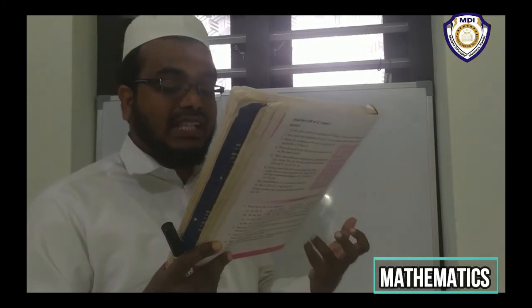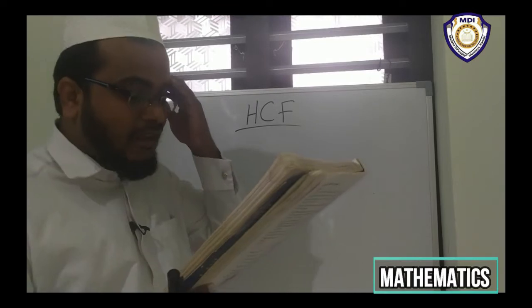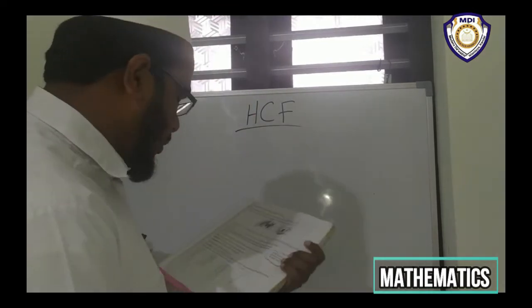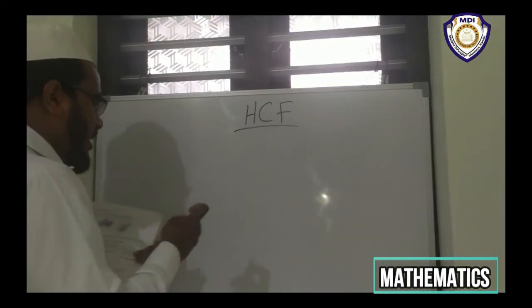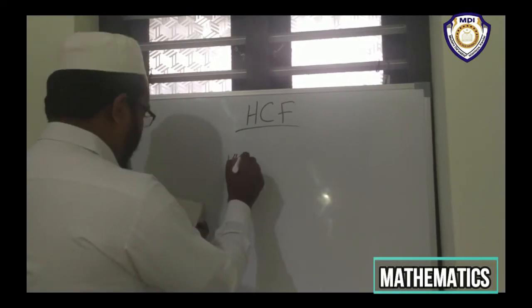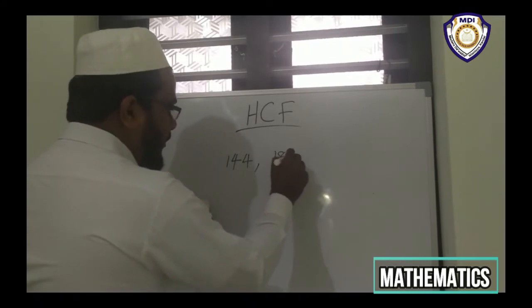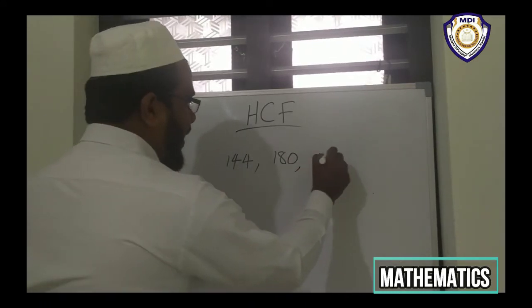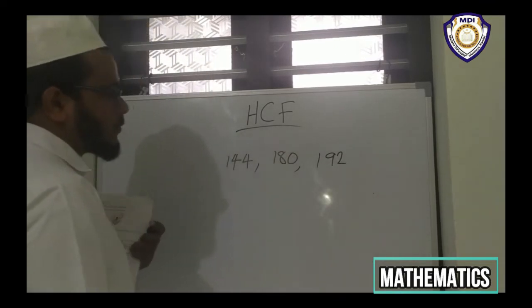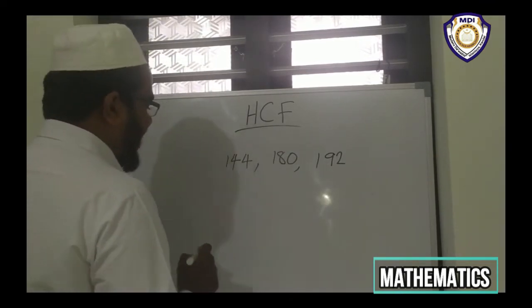First find the prime factors of the given numbers: 144, 180 and 192. First we have to factorize.